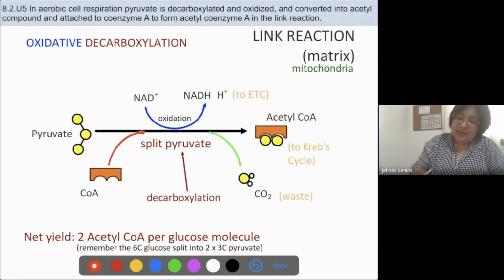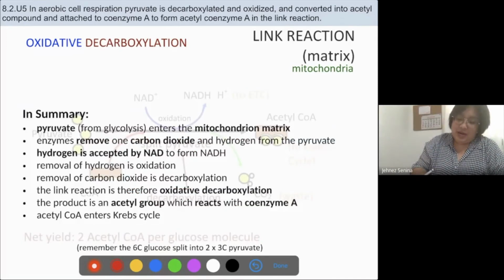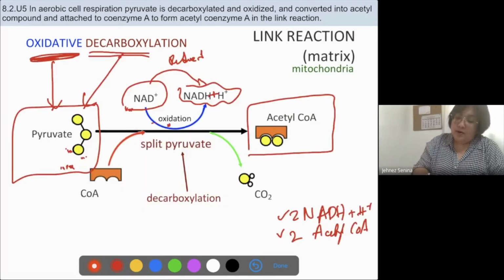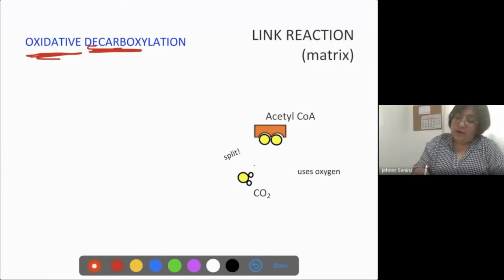All right. There's a summary here. Let me look at what's important. So pyruvate proceeds to the matrix, and there's removal of carbon. By the way, when you remove a carbon here, carbon plus oxygen in the matrix forms carbon dioxide. So this is where you see these carbon dioxide waste products being formed.